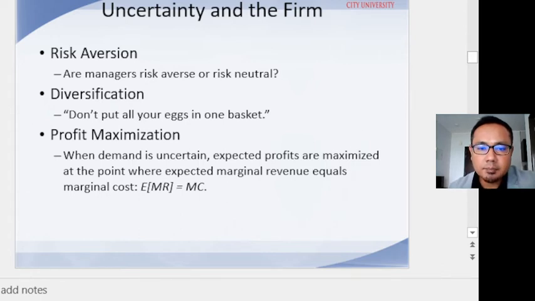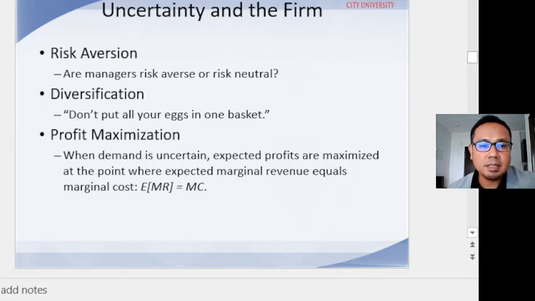And then profit maximization. The basic principle of profit maximization can also be modified to deal with uncertainty.